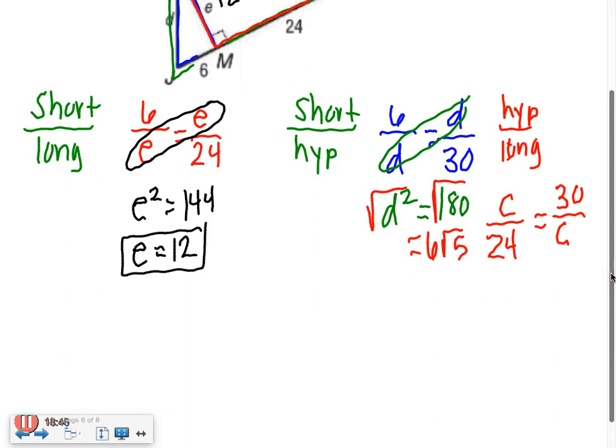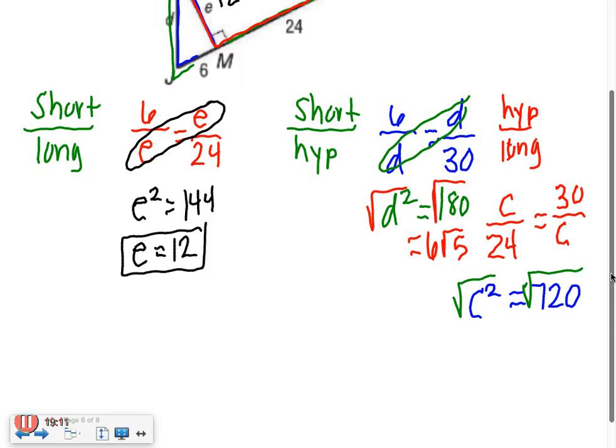All right. C squared equals 720. And we got to break that guy down. I'll tell you it's between 11 and 16. So like try 11 squared, so like 121 or 225.